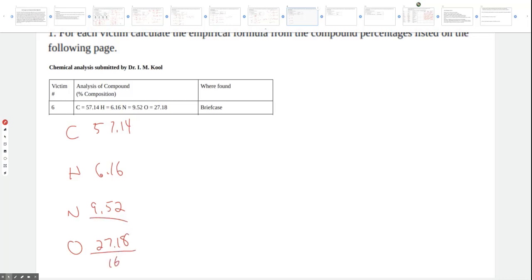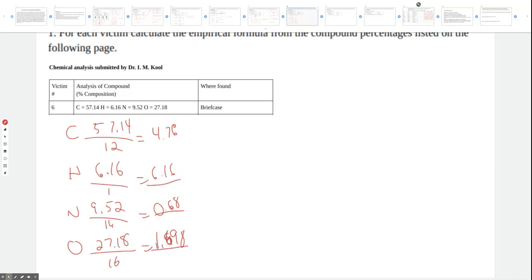Fill in those molar masses. Divide. We get 4.76, 6.16, 0.68, and 1.698. This should be a 6.